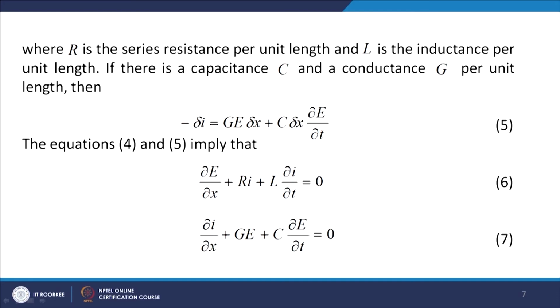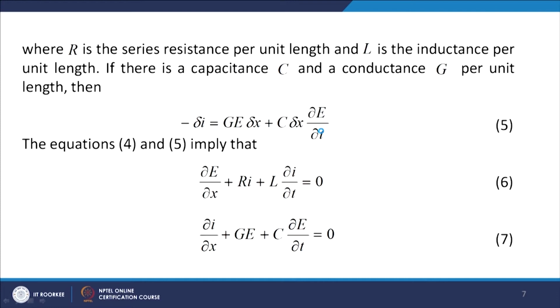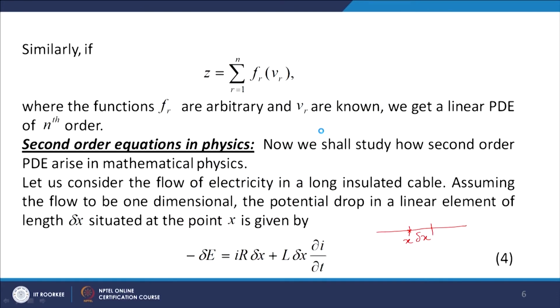Now, from the equations 4 and 5, what we do is we divide this equation 4 by delta x and let delta x go to 0. Then what we have, let delta t go to 0, then delta x also goes to 0. So, we have minus delta E by delta x, okay, equal to I R plus L delta I by delta t.